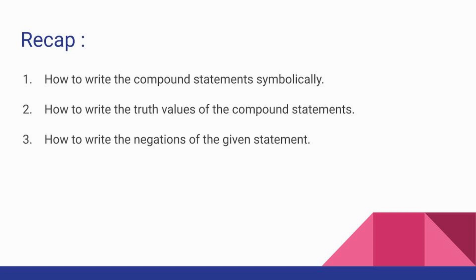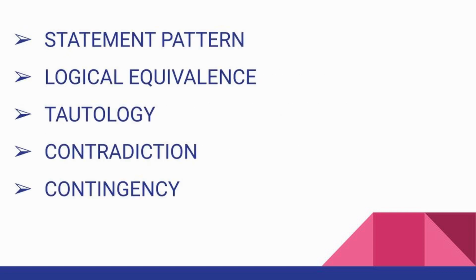I hope you remember all the logical connectives and the truth table of each of them. Knowing all this, we can proceed to the next topic in our chapter. Today, we will be studying about statement pattern, logical equivalence, tautology, contradiction, and contingency.